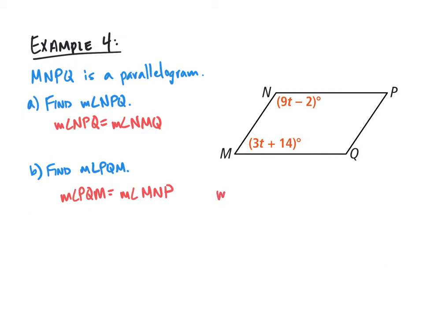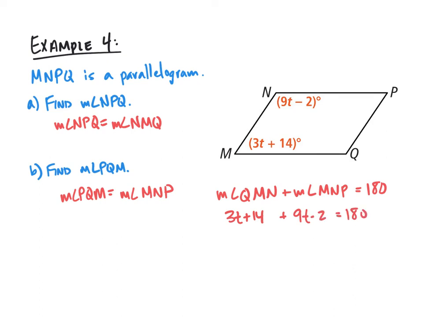So that means that the measure of angle QMN plus the measure of angle MNP should come out to equal 180. This angle plus this angle should equal 180 because the consecutive angles in our parallelogram should be supplementary. So now if I substitute 3t plus 14 and 9t minus 2 in for those angles' values, then I have an equation that I can solve.